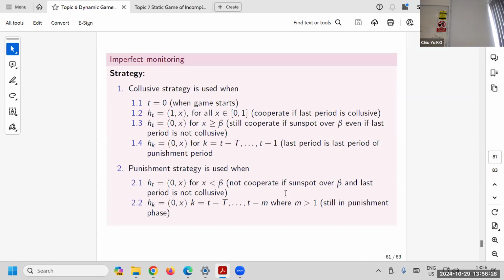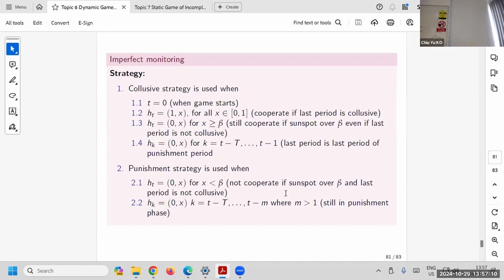Now, when we will be punished: last period, I did not get any profit, and the God said you are cheating, then I will start punishment. If we have been in punishment, we continue punishment, because if we punish, we have to punish for T periods, big T. As long as the punishment is not done yet, we will do the punishment.